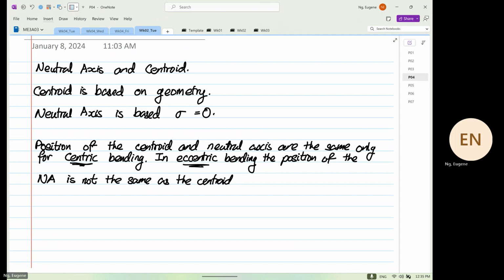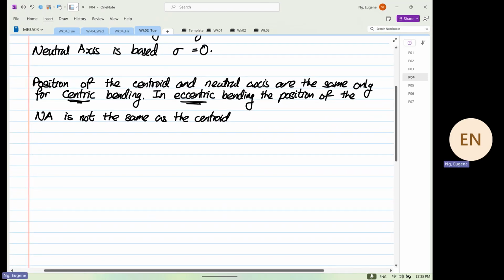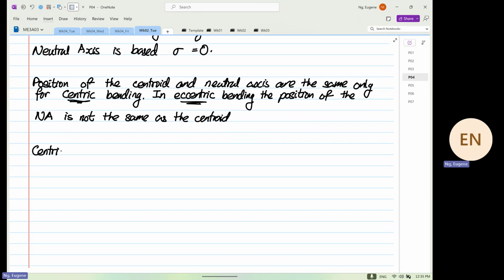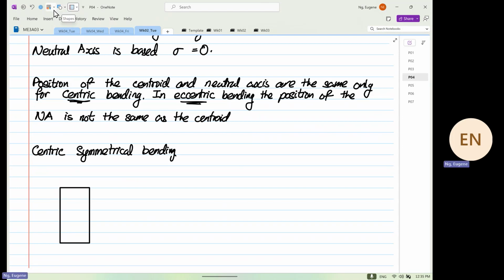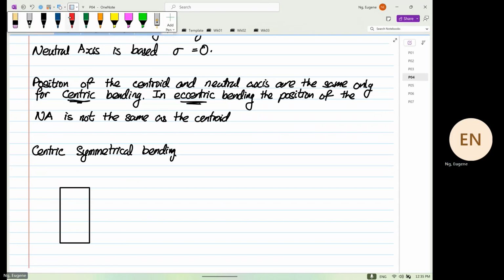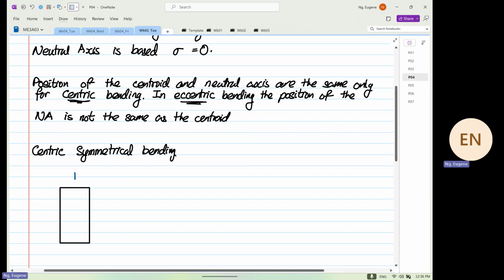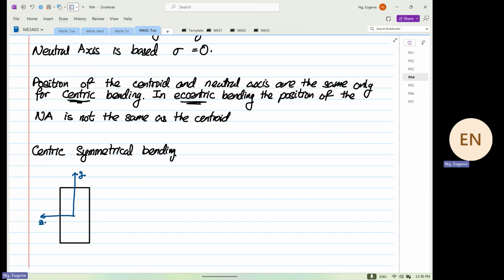Okay, so if we look at centric bending, I have to be very careful over here, symmetrical bending. If I were to sketch a rectangular section, and then our axes, this will be our Y, and this will be our Z-axis.